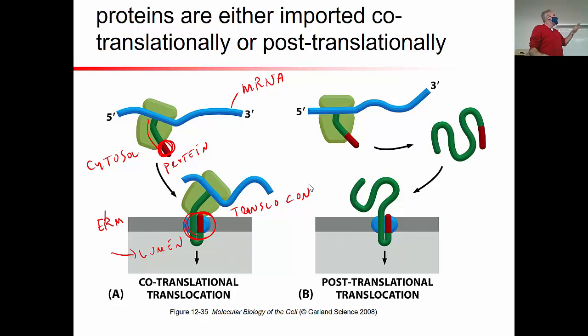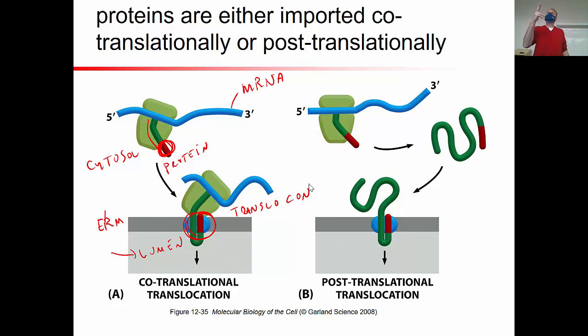Because as translation is occurring, the protein is directly moving into the lumen of the ER. It's important to note the whole process of translation is actually still in the cytosol, but the protein itself, and this is a key component here, doesn't interact with the cytosol. It moves into the lumen.